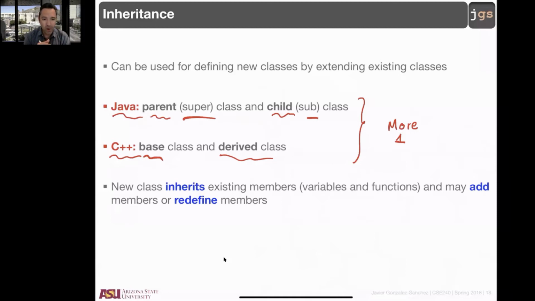Excuse me. When we talk about C++, you can have as many as you want. Multiple inheritance. And I am going to show you an example. But that is the main difference. Only one or several. Several C++. Only one Java.